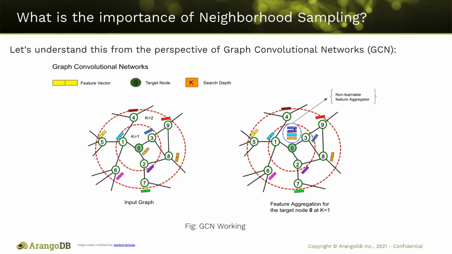What this node now knows is the information about its immediate neighborhood. This process is shown in the GCN image on the right-hand side. Now after K equals 1, it knows what lies around its surroundings up to 1 hop.